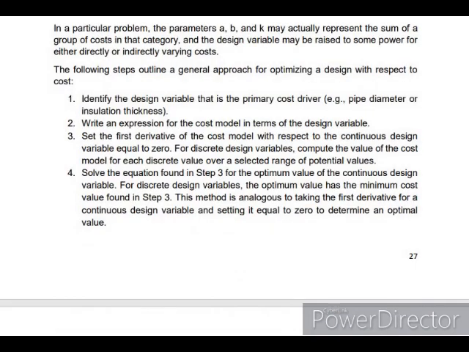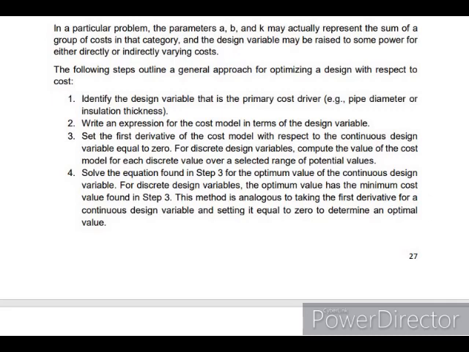Okay, so in a particular problem, the parameters a, b, and k may actually represent the sum of a group of costs in that category because they should belong in one category, and the design variable may be raised to some power for either directly or indirectly varying cost. Okay, so our design variable, which is x, can vary. We can raise it to some power.